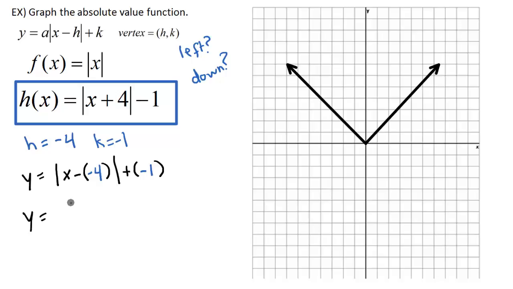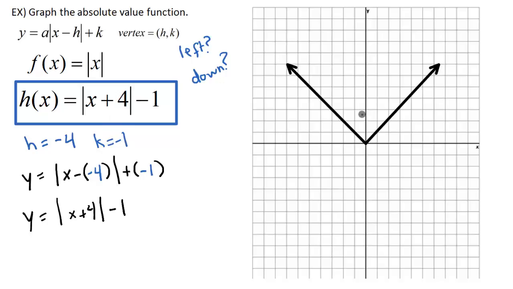So y will equal the absolute value of, when we have x minus a -4, that's the same thing as the absolute value of x plus 4. Close absolute values, and then adding a negative number is just the same thing as subtracting it. So this is exactly what we get up here. So our vertex is confirmed. That's going to be at -4, comma, -1.